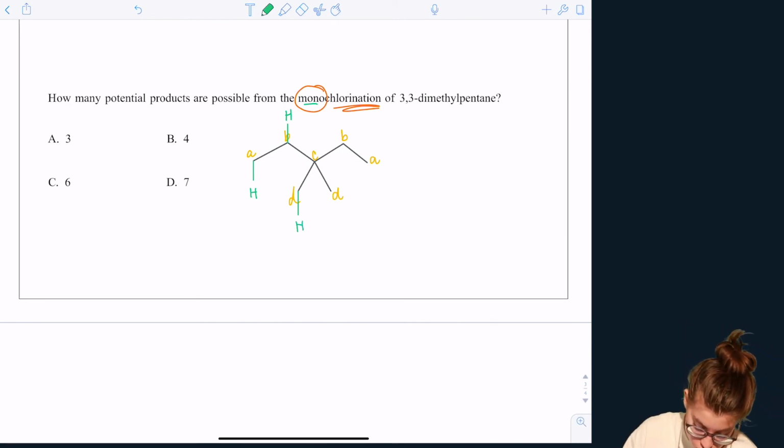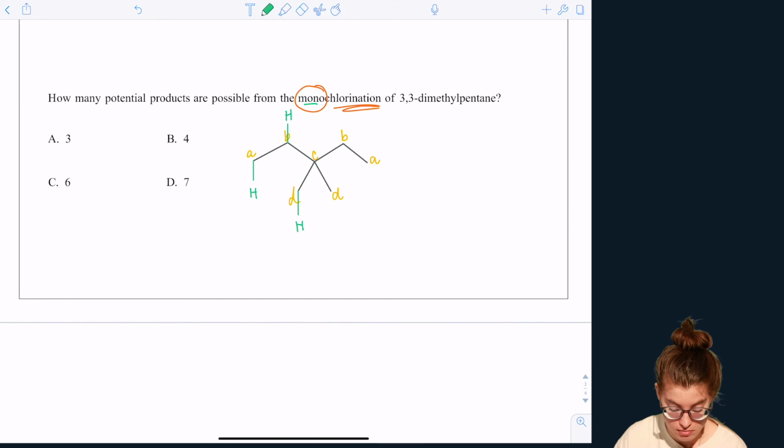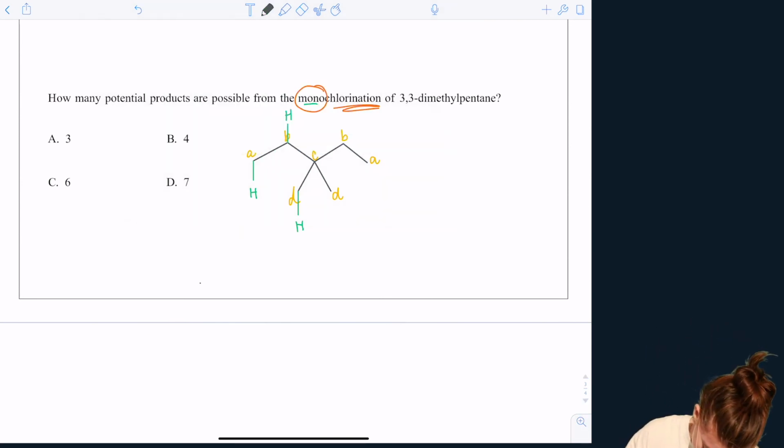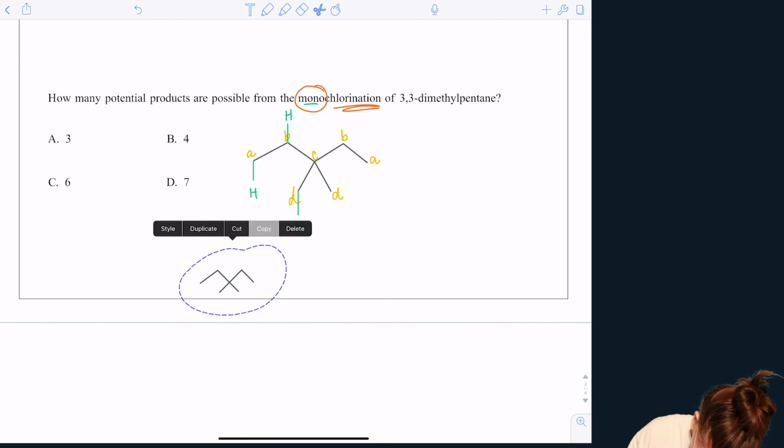So in all 3 of these places, A, B, and D, we can have a chlorine replace the hydrogen that I've drawn. So one of these products will look like this. Let me copy this.